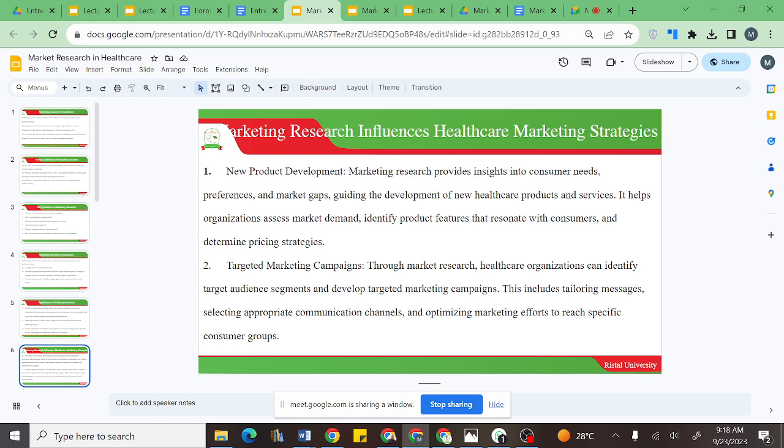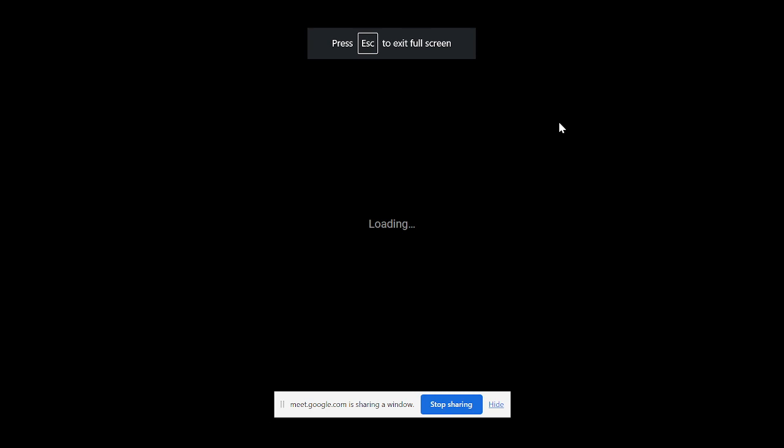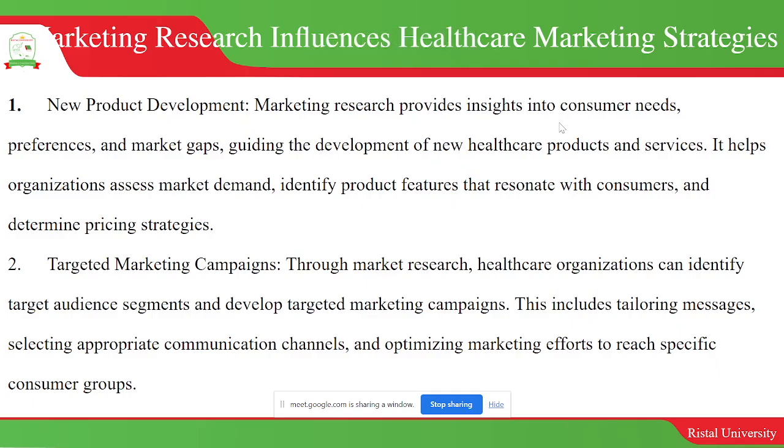Can you see the screen now, right? You should be seeing the screen now, right? I'm not yet seeing it. Okay, yeah, now I can see it. It is there. All right.